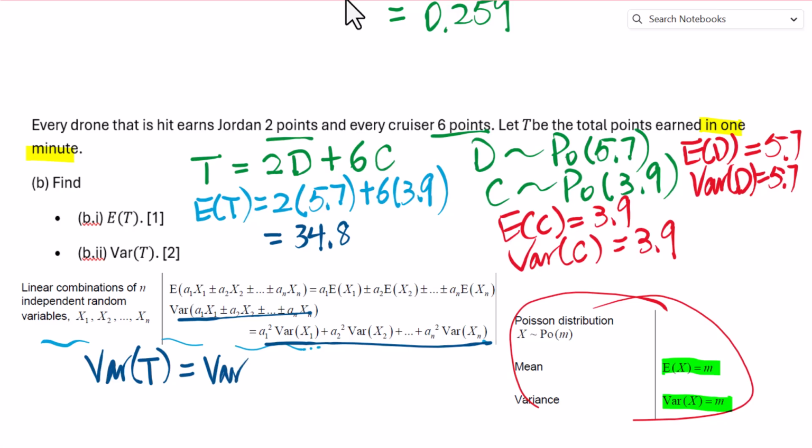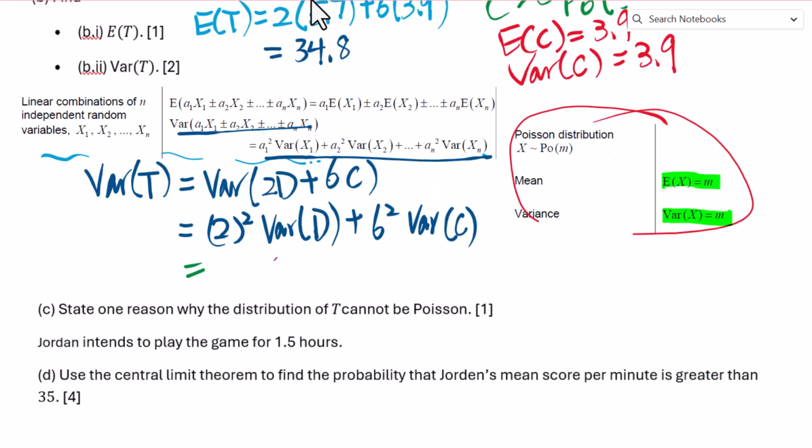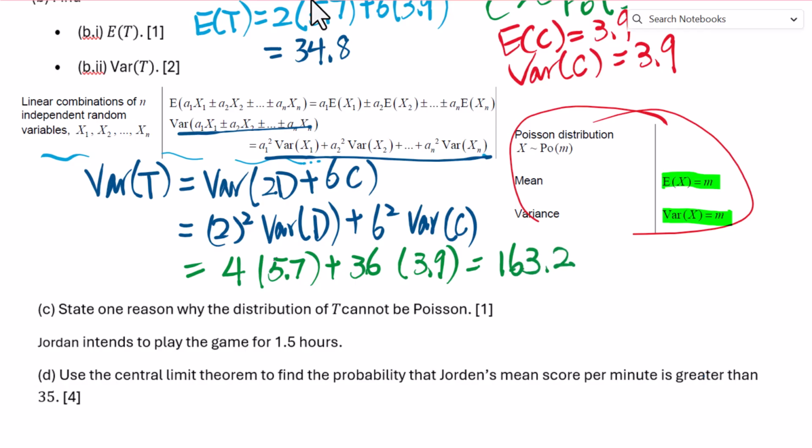Variance of T equals variance of 2D plus 6C equals 2 squared times variance of D plus 6 squared times variance of C equals 4 times 5.7 plus 36 times 3.9 equals 163.2.